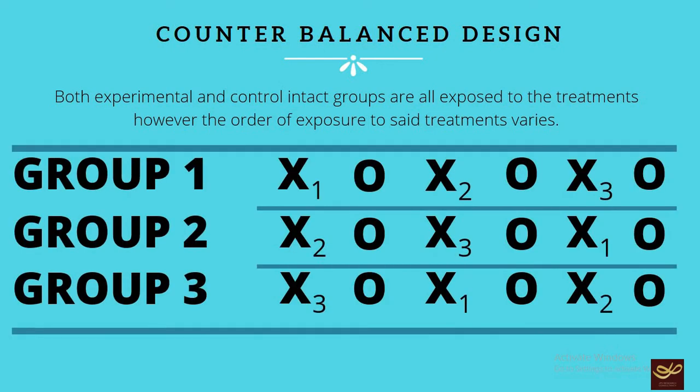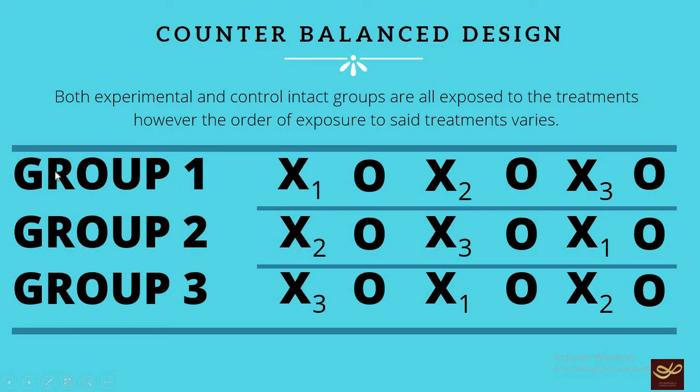How will it look like? So you have group 1, group 2, group 3. So at the onset, group 1 received the first treatment, and then there was an observation, and then the second treatment, another observation, the third treatment, and another observation. But group 2 is not receiving the first treatment. No?